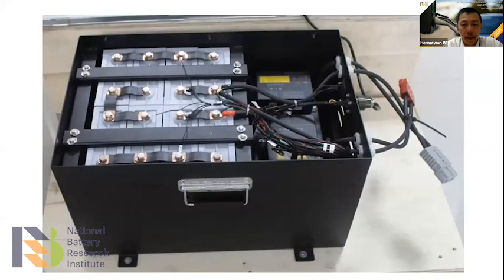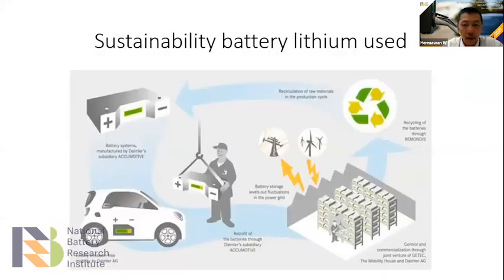For the other samples, we also hope there is recycling. Now we are talking to some companies to do this activity after we use them in the electric vehicle, and then we can use them for second life.